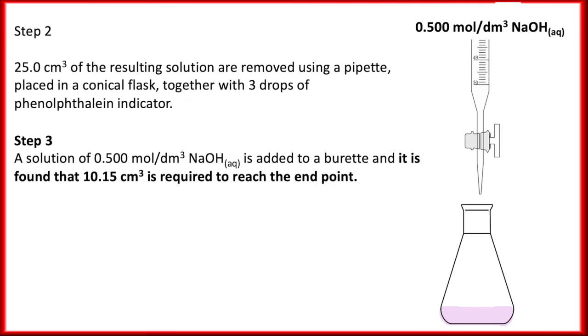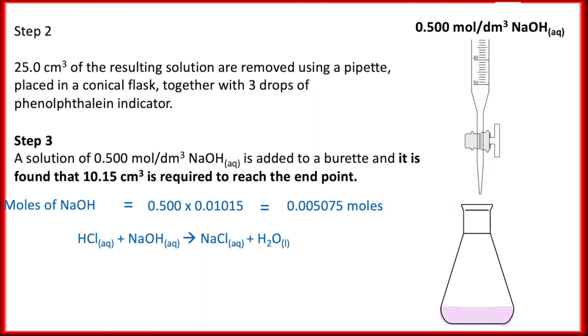We can use this information to find the moles of sodium hydroxide that we have used during that titration. So moles of sodium hydroxide is going to be our concentration times volume. And remember, we need to convert our volume into decimeters cubed, and that tells us we have 0.005075 moles of sodium hydroxide that we added.